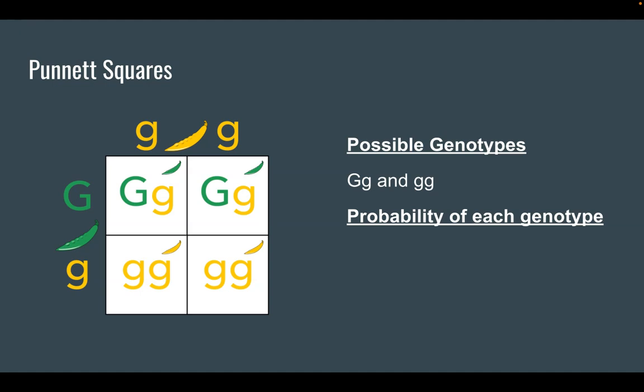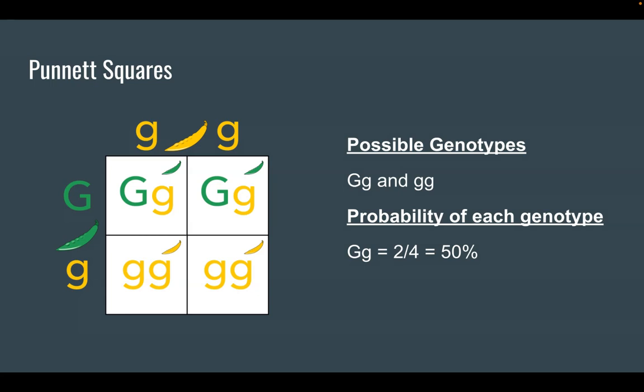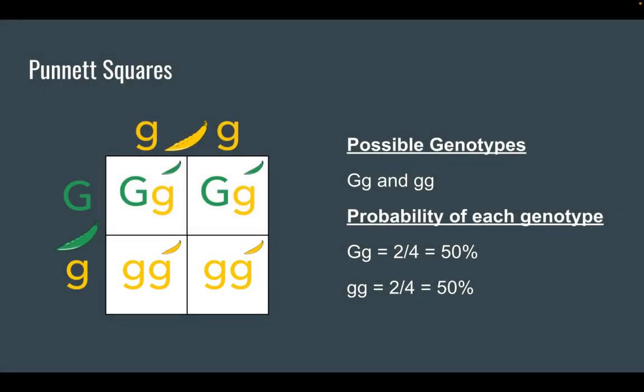And what is the probability, or how likely are those genotypes? Well, for dominant recessive Gg, you can see that 2 of the 4 squares are possible, which means there's a 50% chance that the offspring will have that genotype. And recessive gg is also in 2 out of 4 squares, which means it is also a 50% likelihood that offspring will have two recessive gs.